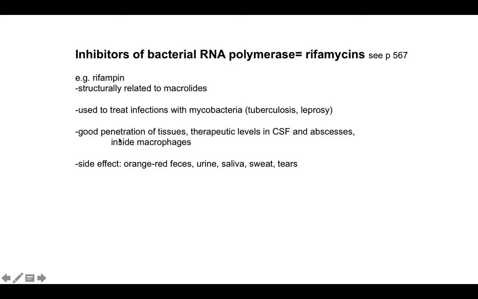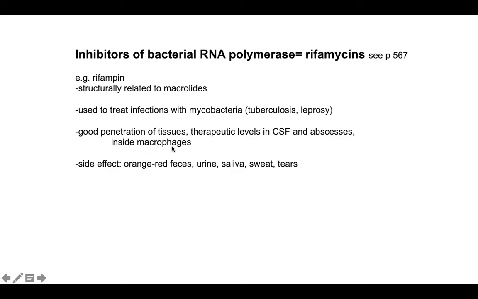This is fantastic, guys. It's really good at penetrating. It can penetrate into tissues. It reaches therapeutic levels in the cerebrospinal fluid and abscesses. And this is so hard to do because often in abscesses, there's no good blood supply. And one reason why it's so good treating tuberculosis is it can penetrate and reach really high levels inside the macrophages.